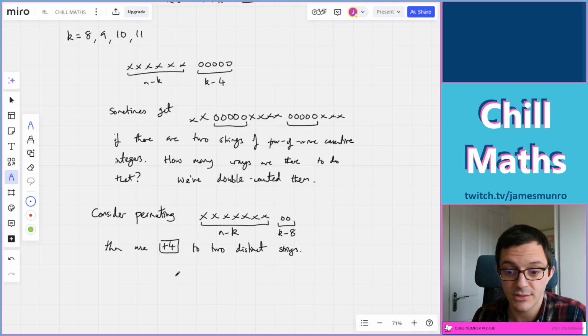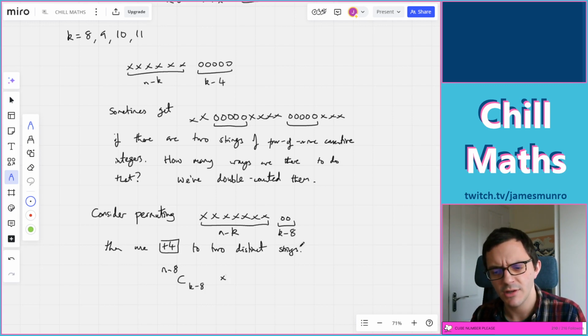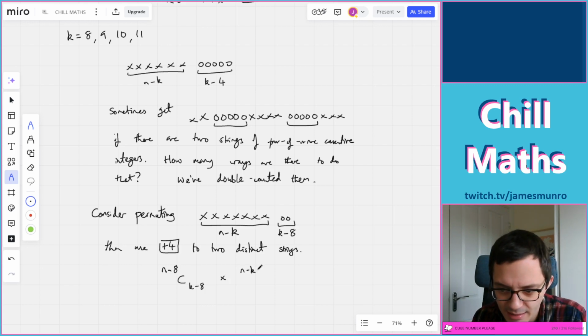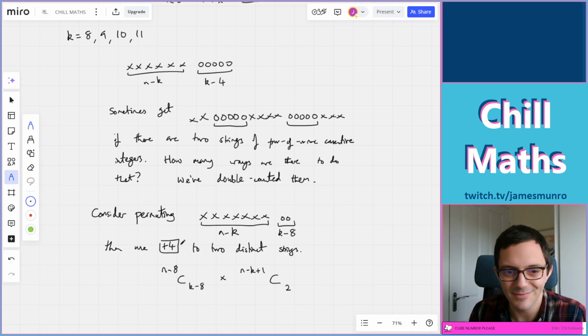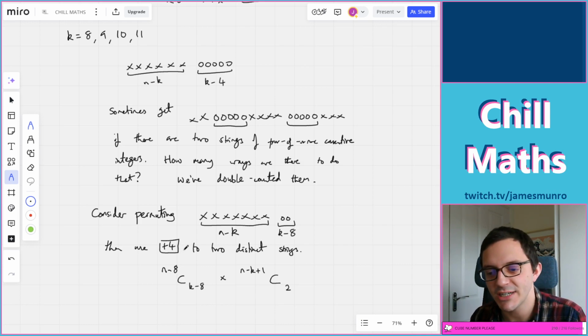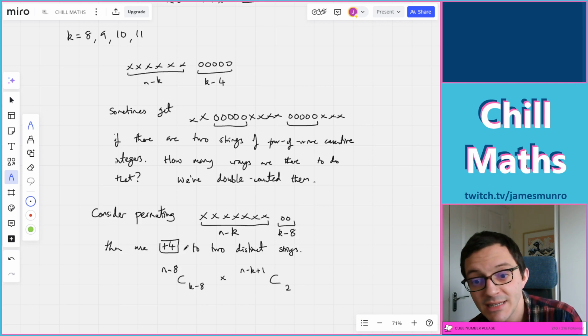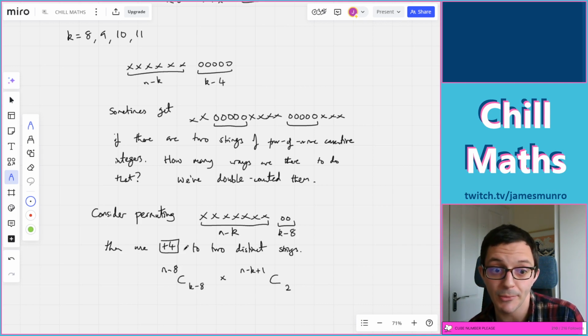Well, the permutation bit looks like n-8 choose k-8, and then you multiply because you've got some choices about which of the n-k plus 1 terms you pump by adding 4 circles to the start of that string. That gives you exactly the cases where you double counted.